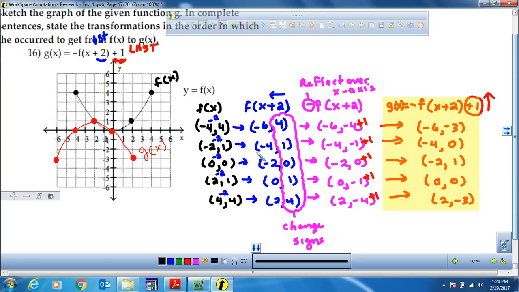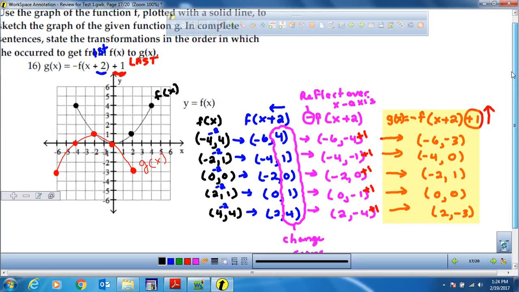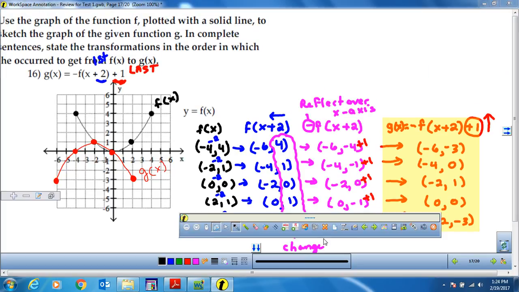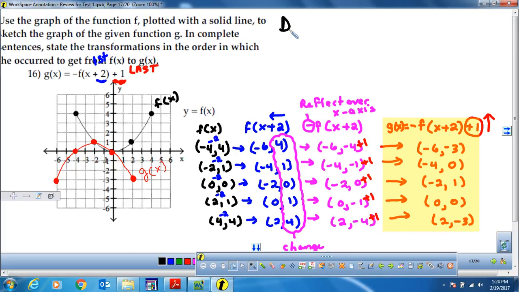Next, we need to describe how the graph of g is related to the graph of f. So I'm going to write the description up here.